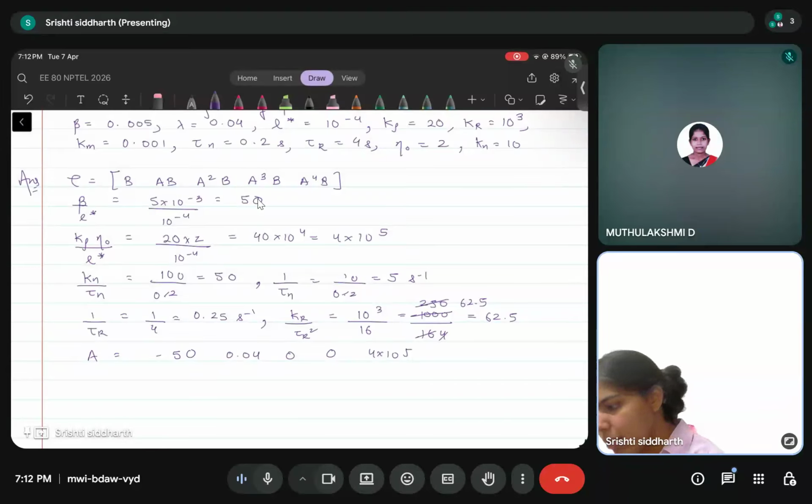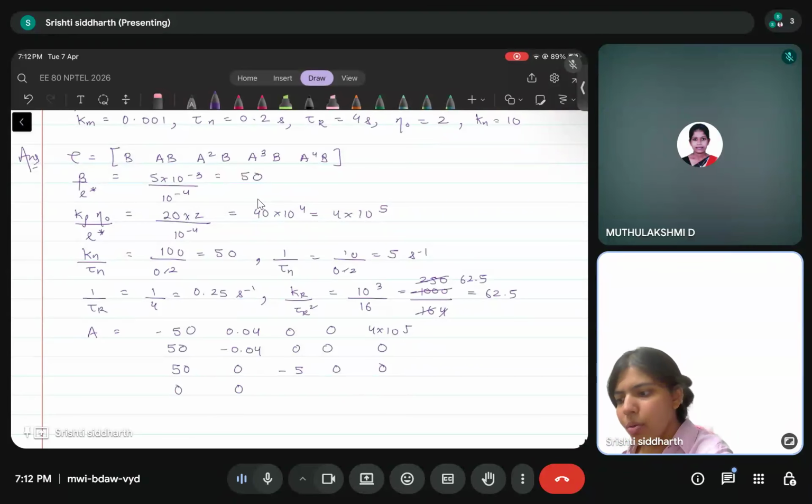Alright, then we have beta over L star again. This is 50 minus lambda kn over tau n. This is 50, 0 minus 1 over tau n, 0, 0.